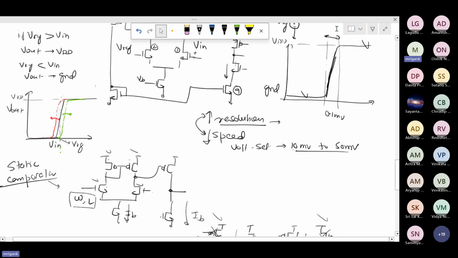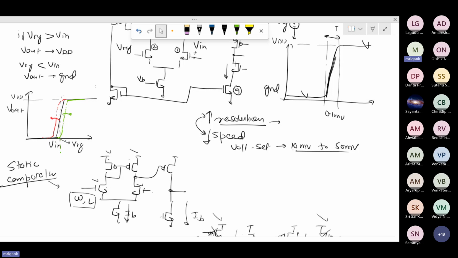For example, if you're going for a 10-bit ADC, what is the resolution we are targeting? We already discussed 1024, right?